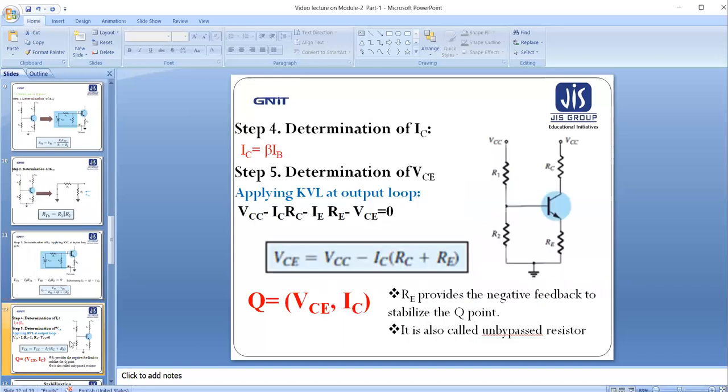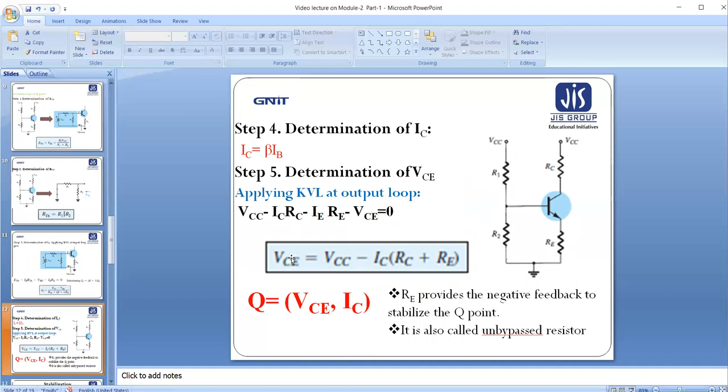Now step 4, determination of IC. IC equals beta into IB. And the final step is determination of VC. VC is the output voltage, so we must apply the KVL at the output loop. It is VCC minus IC RC minus IE RE minus VC equals 0.